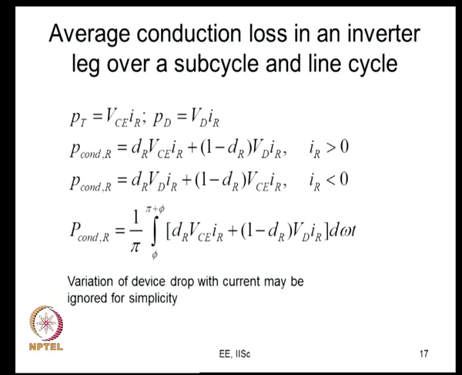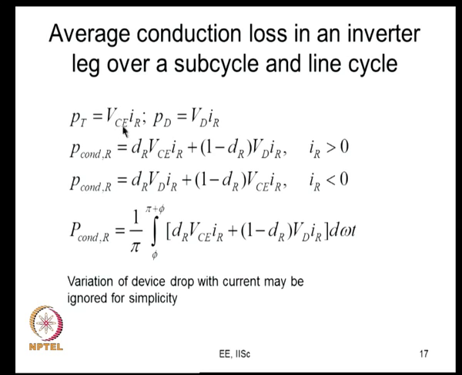So, let us see what that conduction loss is. This comes because of this drop. If a transistor in the R phase leg is conducting, maybe the top, maybe the bottom, it has a drop of VCE across it. Ideally this would be 0, but a practical device has something. This VCE can actually vary with IR, but we are ignoring that variation here.